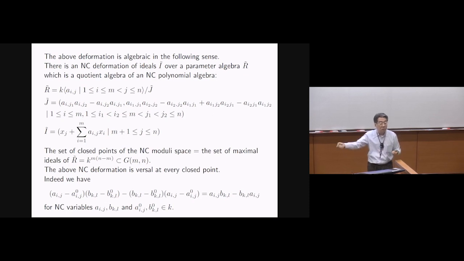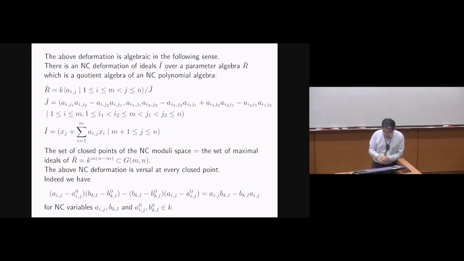This is like a scheme. If you consider the set of points of a scheme, then you lose a lot of information. Also in the non-commutative case, if I consider only points, then I end up again with just the Grassmannian.